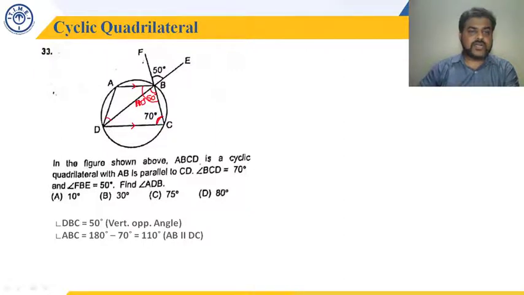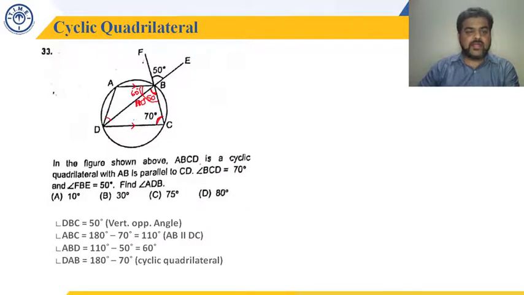So the entire angle is 110 and this much angle is 50 degrees. So what is this angle? This angle must be 60 degrees. Why? 110 minus 50. So angle ABD must be 60 degrees. Fine. Now using the property of the cyclic quadrilateral, angle DAB and angle DCB are opposite angles of a cyclic quadrilateral, so they are supplementary again.